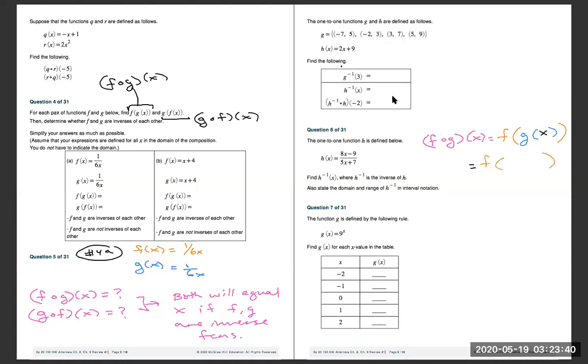G of x is going to be 1 over 6x. And then 1 over 6x will become the input for x for function f. So for f, we have 1 over 6x, change x to 1 over 6x.